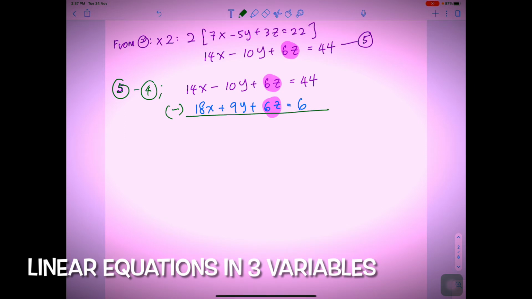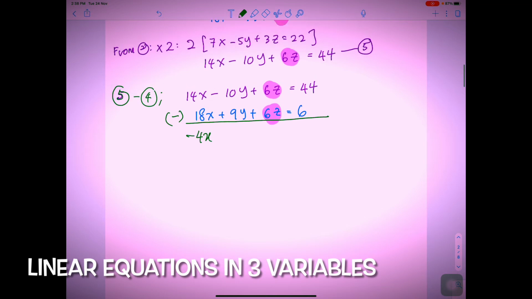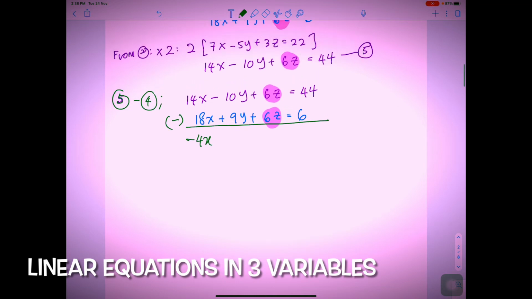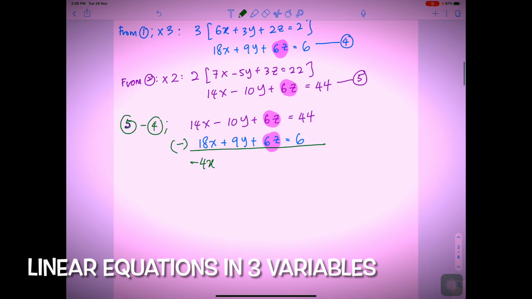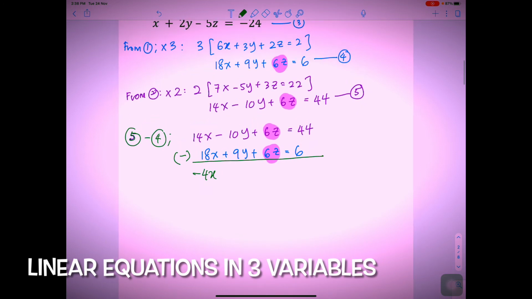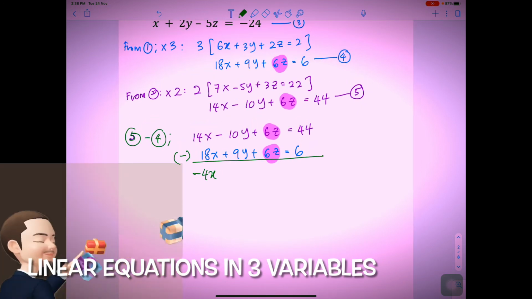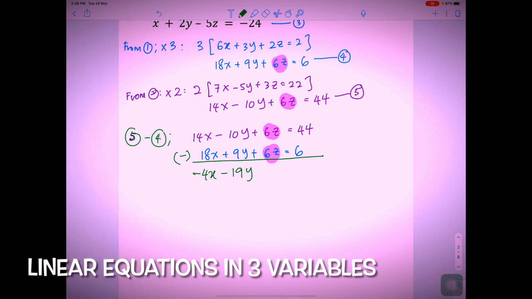So we do the operation minus: 14x minus 18x equals negative 4x, and then negative 10y minus 9y, so negative 19y, and then plus 6z minus 6z equals 0, and then 44 minus 6 equals 38.